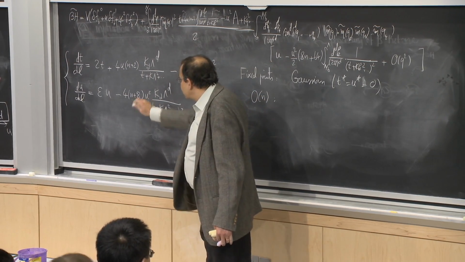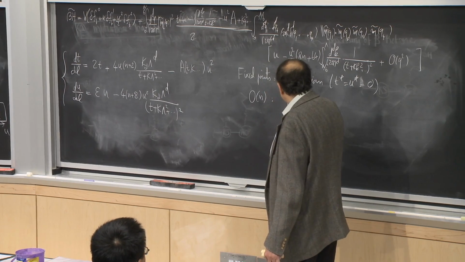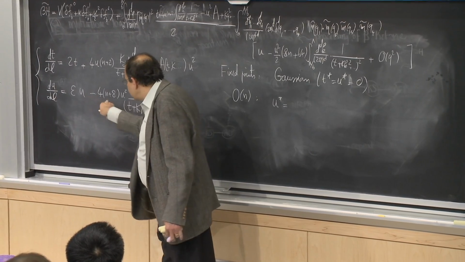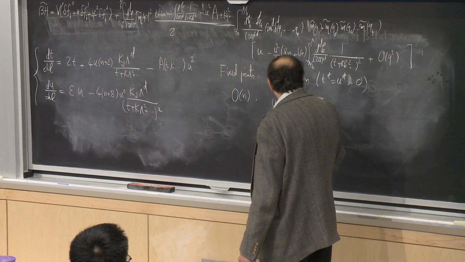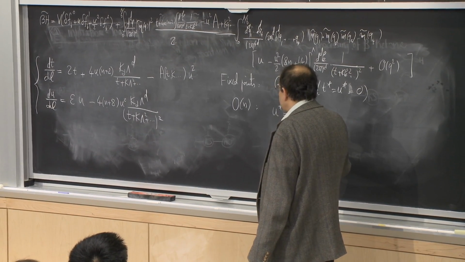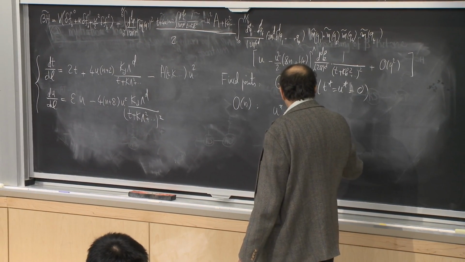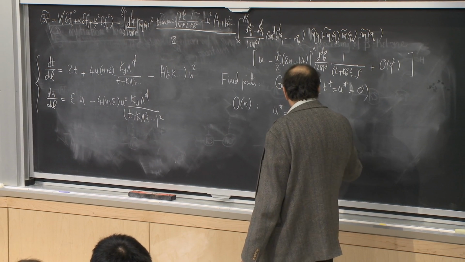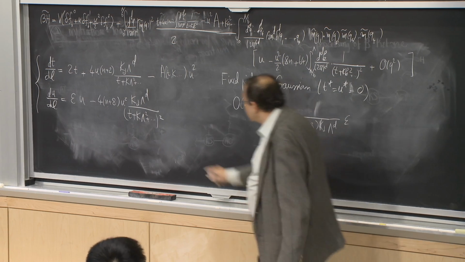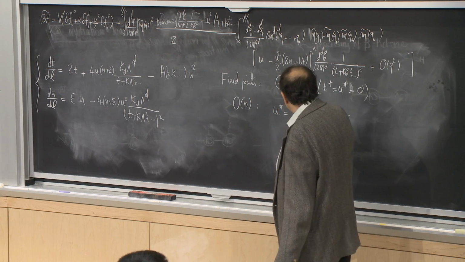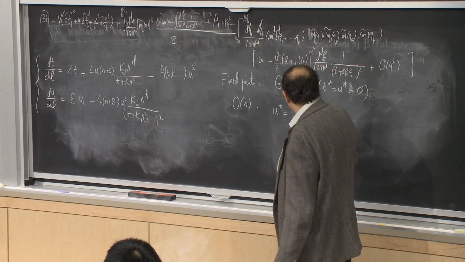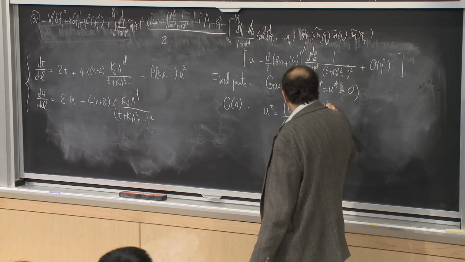So setting this to 0, I will find that u star is essentially epsilon divided by whatever I have here. I have 4n plus 8 K_d lambda to the d. In the numerator, I would have t star plus k lambda squared, squared.